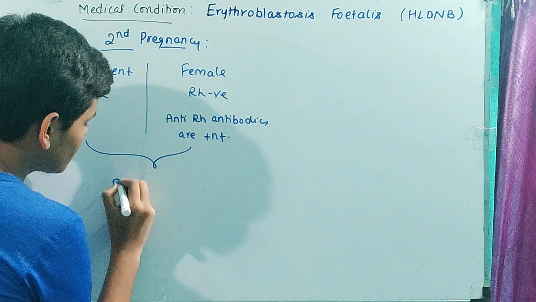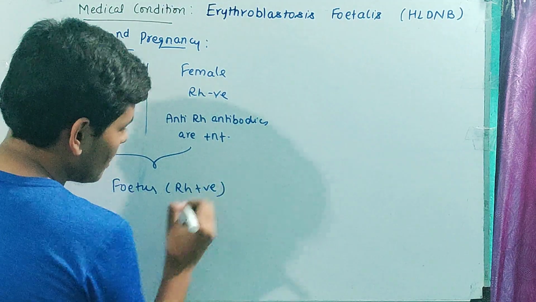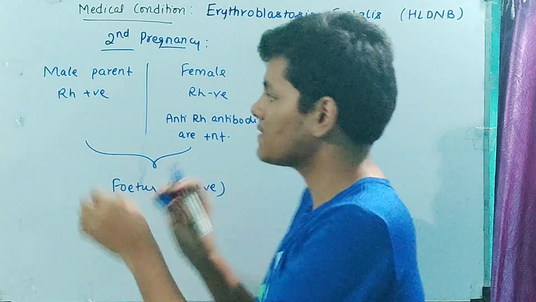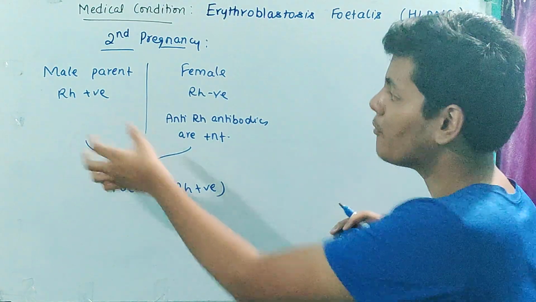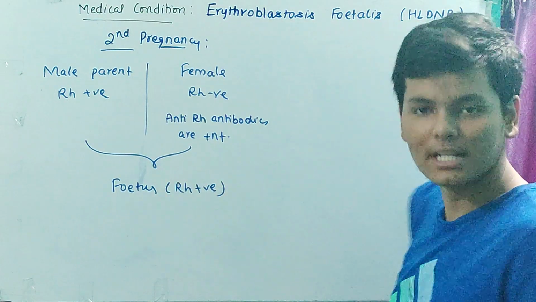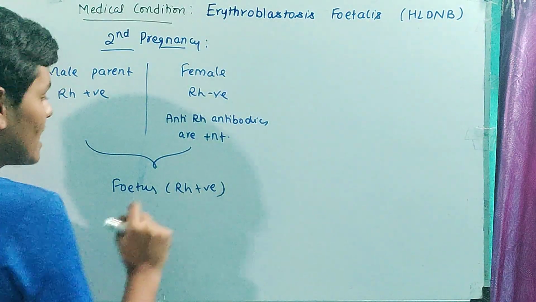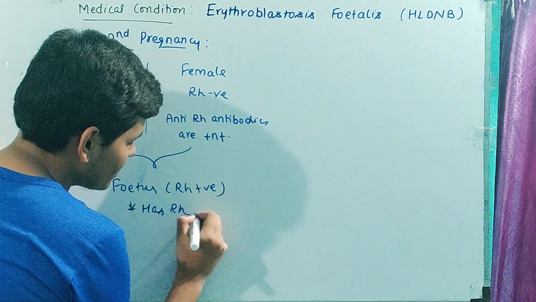The fetus is RH positive, and since I've said that RH positive is a dominant gene, the fetus will always have RH positive if any one of the parents is positive. So the fetus is RH positive. Now this fetus has RH antigen.